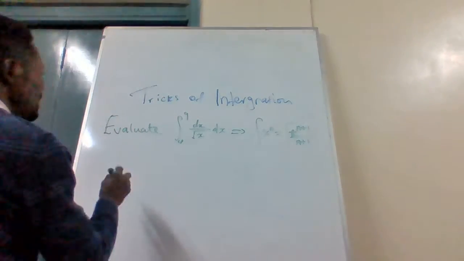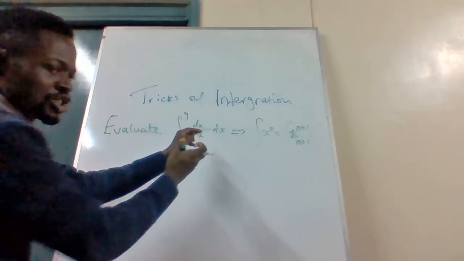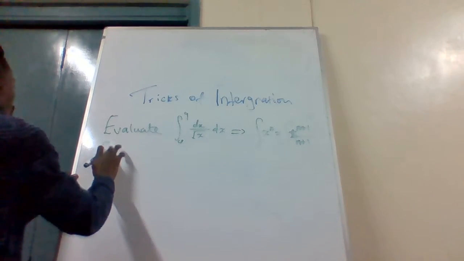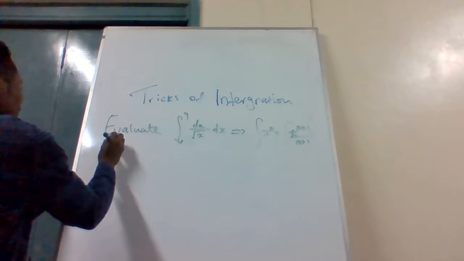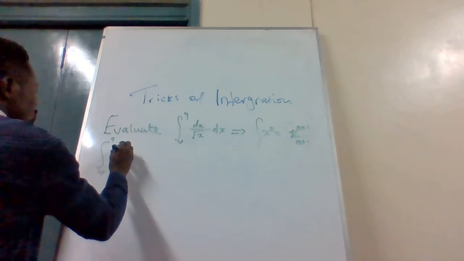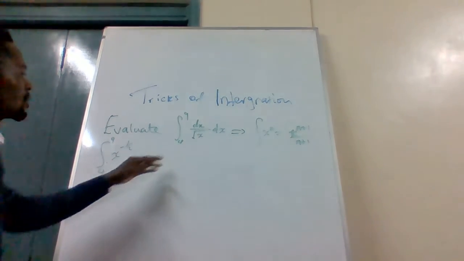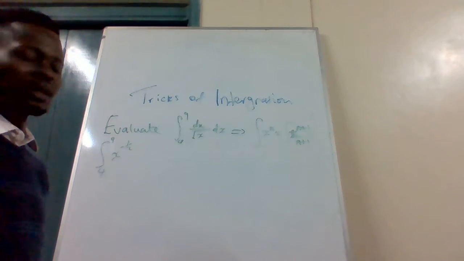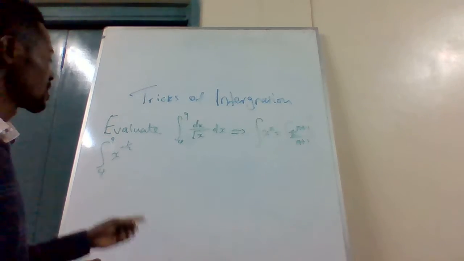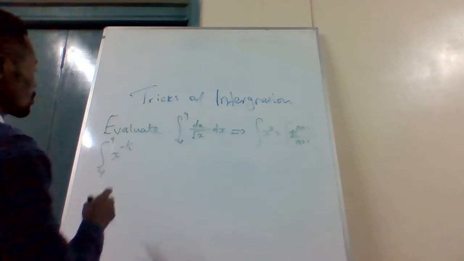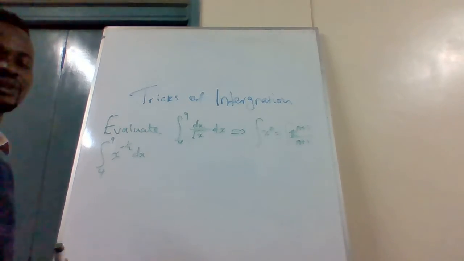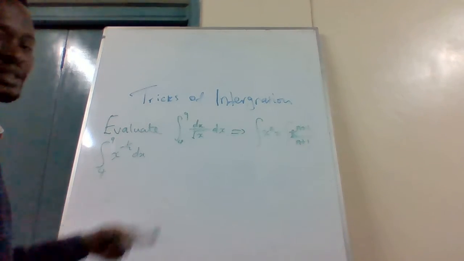But before we do this, we must change this root x, so that we have the integral from 4 to 9 of x raised to negative a half, because root x can be written as x raised to a half, but because it is in the denominator, it becomes negative a half, dx. You have to always put dx.